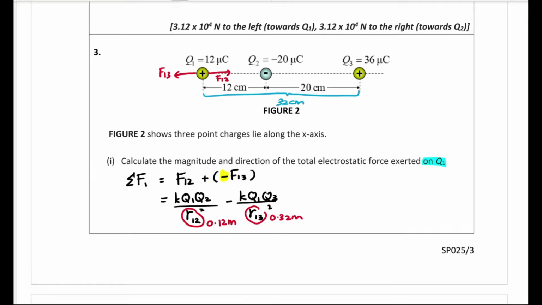Okay. So you substitute all the values. Okay, you akan dapatlah dekat sini nanti. F12 is 150 minus 37.97. Remember, okay, Q2 ni nilai dia negatif. Dalam ini jangan masukkan negatif. Okay, ignore the negative sign of the charge.